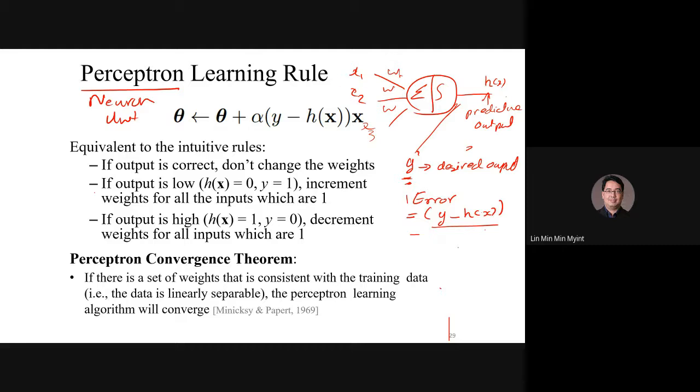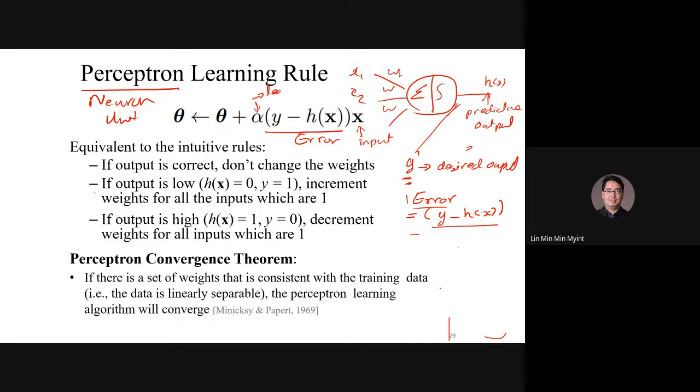How we do it is we find the error, and then we multiply it with the input pattern, and also multiply with alpha. We will discuss alpha in more detail later.